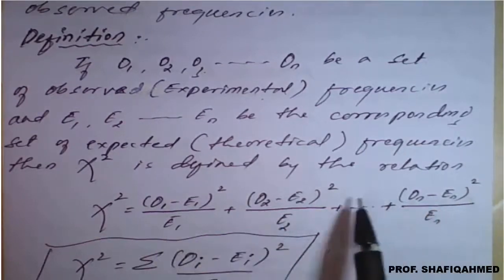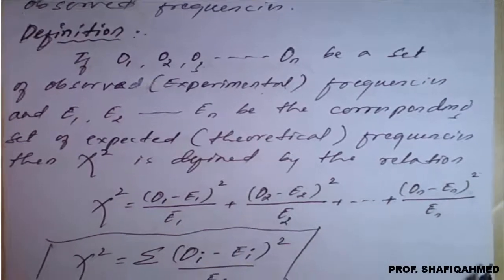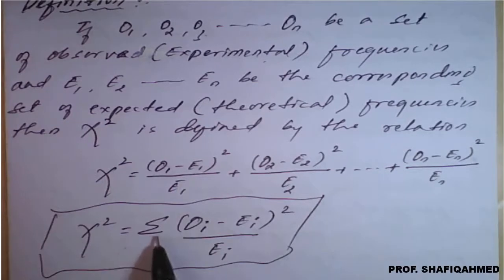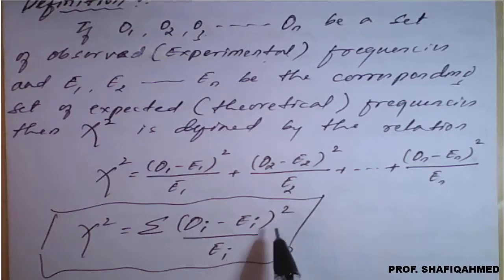Or in summation form we can write chi-square is equal to summation of (Oi minus Ei) whole square divided by Ei.